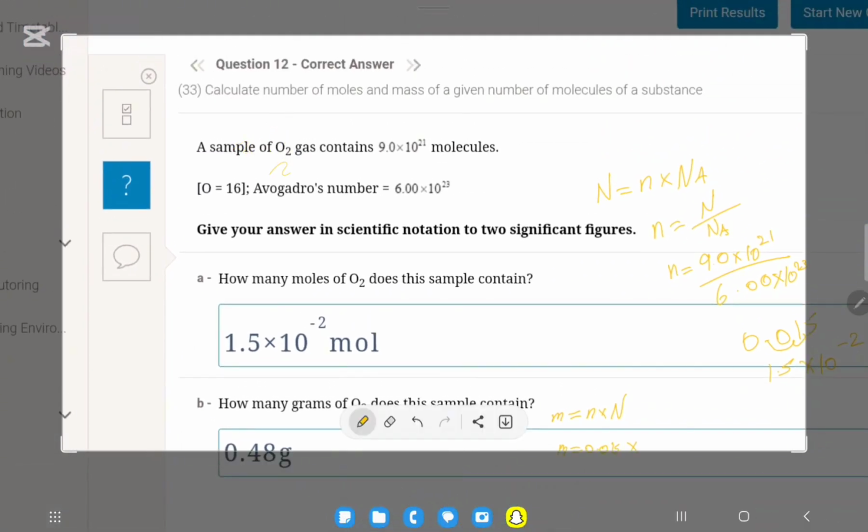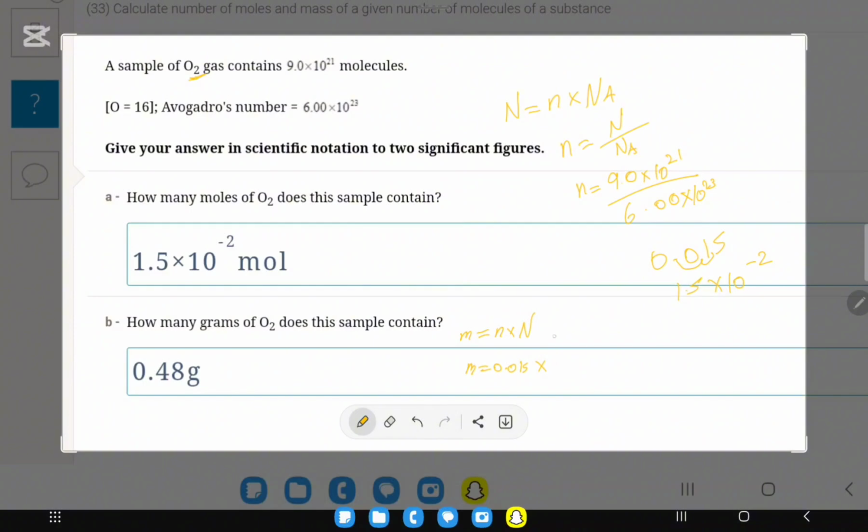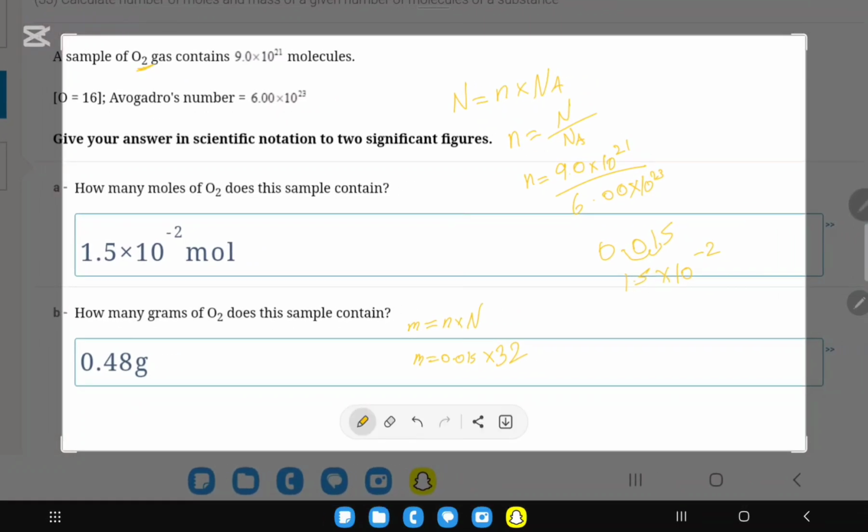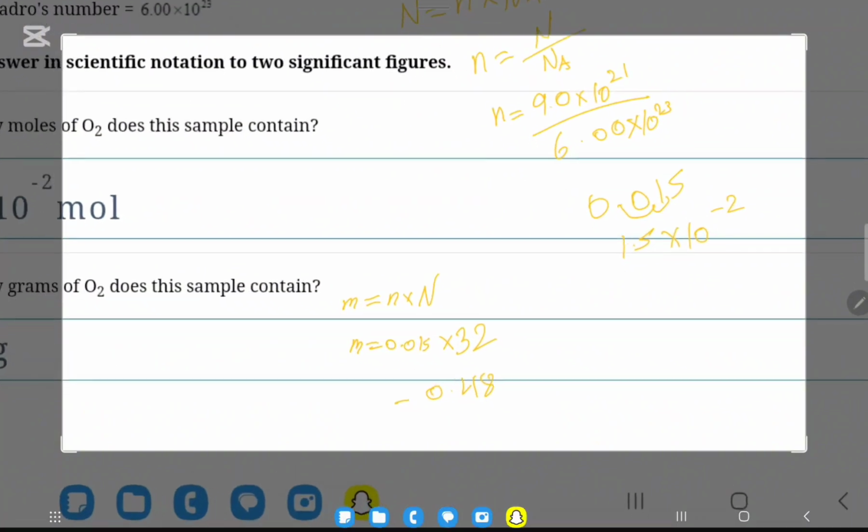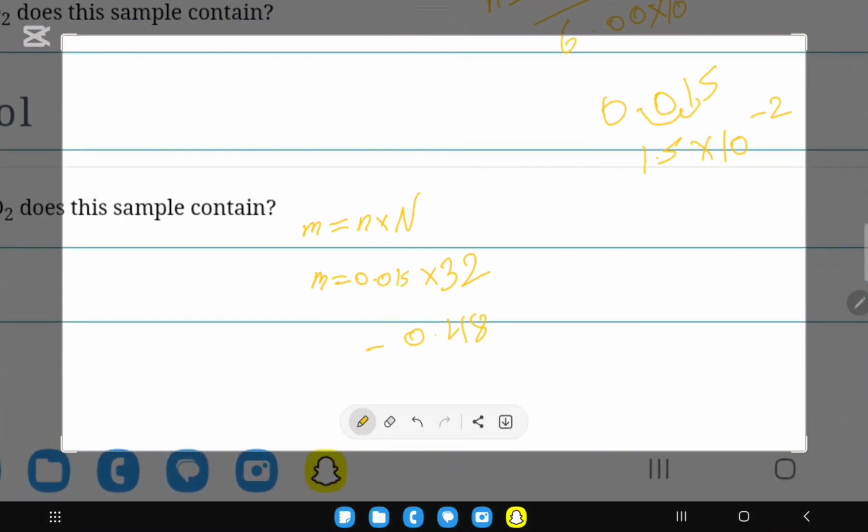Again, O2 is diatomic, so you use 32 instead of 16. You get 0.48. Again, they put here 0.48, but they wanted scientific notation in the beginning, so you move it one place to the right hand side. That's 4.8 times 10 to the power of minus 1.